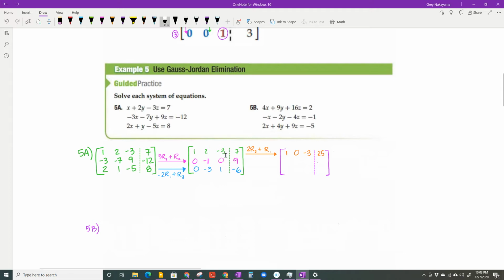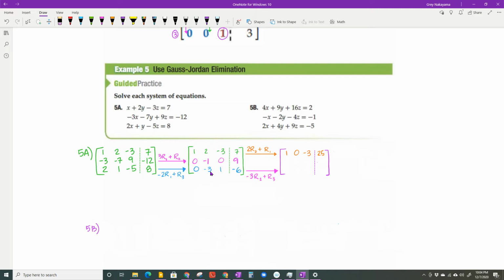Okay. I'm going to use this same row because that's the one with the 1 in it. And this time, because I'm using that row, I'm going to multiply this one by -3, because when I multiply this by -3, I get +3, and when I add that to -3, I get 0. So I am changing the bottom row, and I'm multiplying row 2 by -3, adding it to row 3.